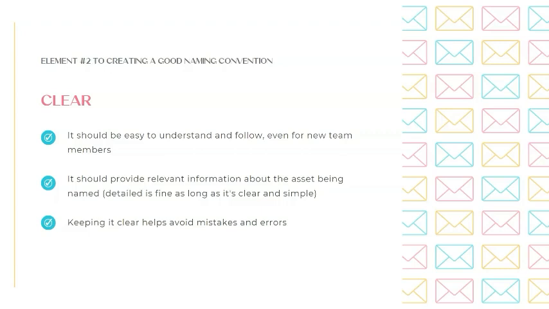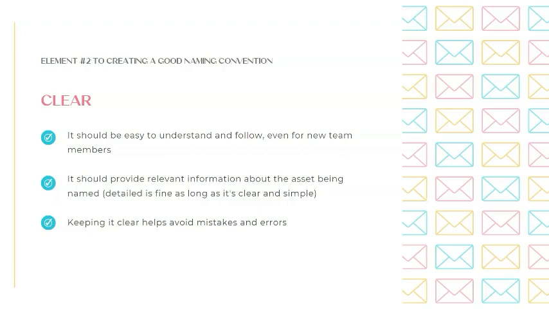Your naming convention should also provide relevant information about the asset being named. It can be detailed as long as it's clear and simple. Detailed is different than complex and hard and super lengthy. So detailed is okay as long as you know exactly what it is, exactly what it's for, and you can remember it.